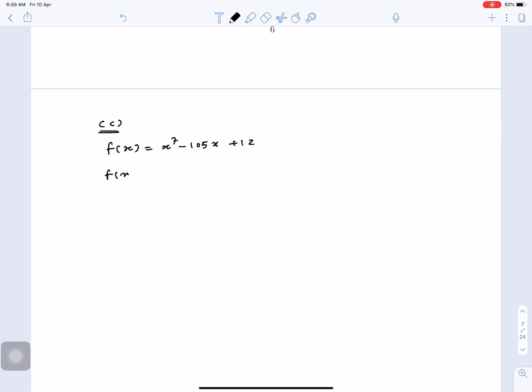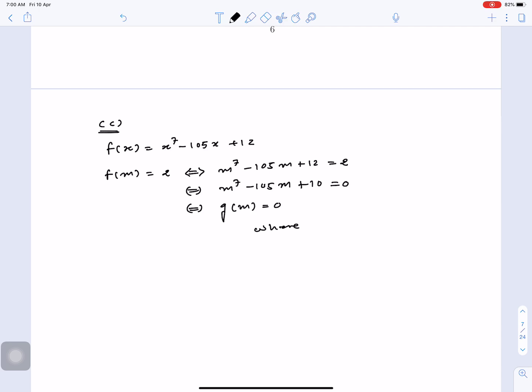Now f of m is equal to 2. It means m^7 minus 105m plus 12 is equal to 2, if and only if m^7 minus 105m plus 10 is equal to 0. Let me say it is g(m) equal to 0, where g(x) is equal to x^7 minus 105x plus 10.